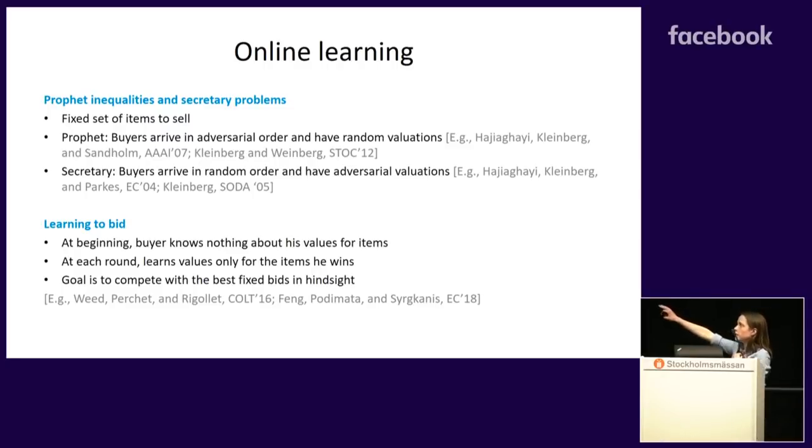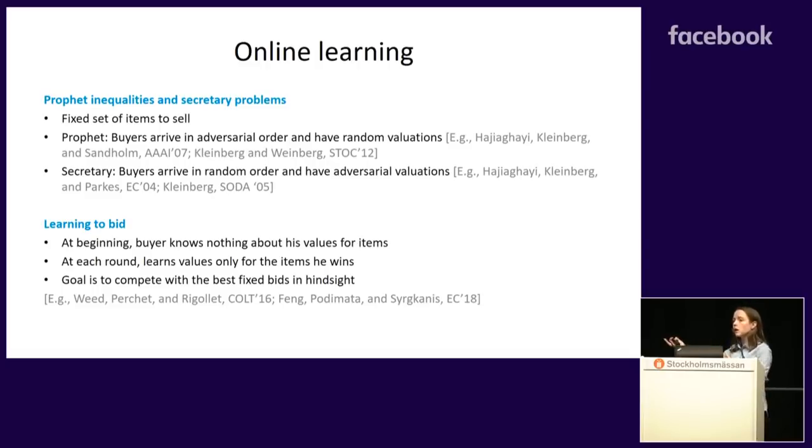And another setting, which is similar to online learning, but from a flipped perspective, is learning to bid. So the online setting I described in the previous slide is where you're the seller interacting with buyers repeatedly. But here, what if you take the viewpoint of the bidder, who maybe doesn't know their value for the items?